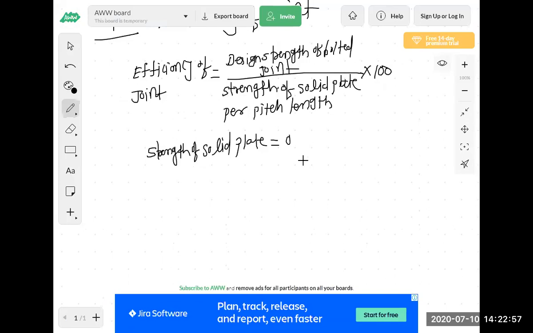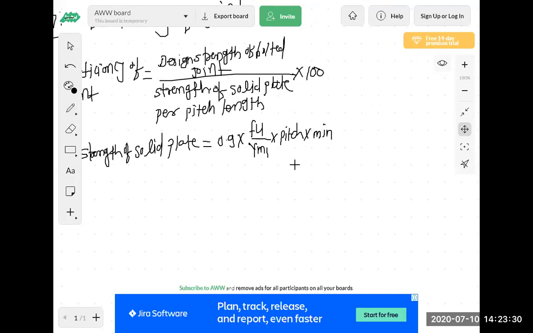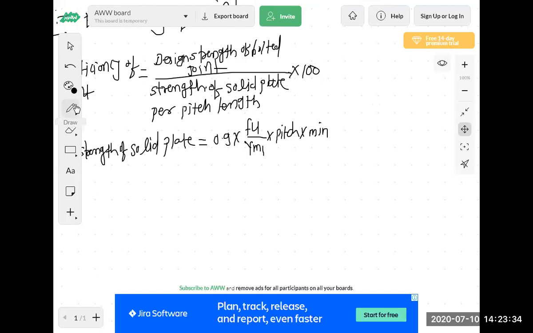So, strength of solid plate is equal to 0.9 into Fu divided by gamma M1, into pitch, into minimum thickness of main plate.